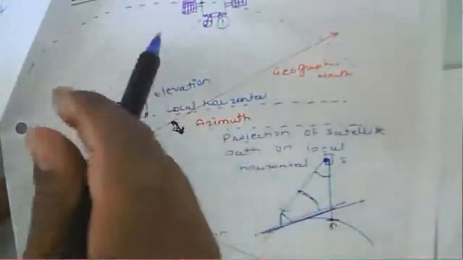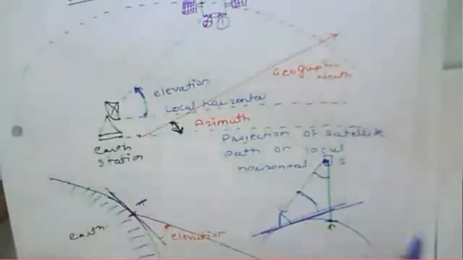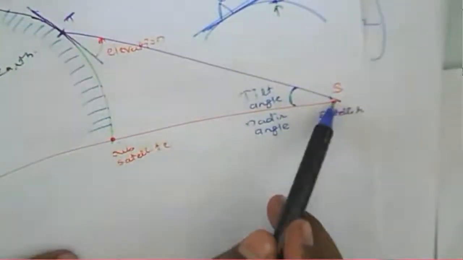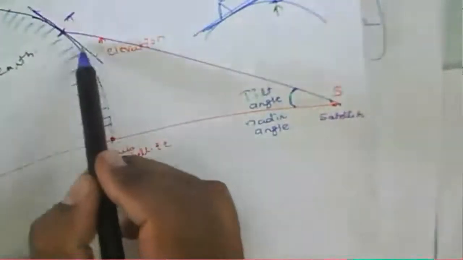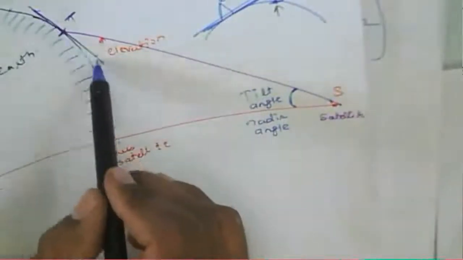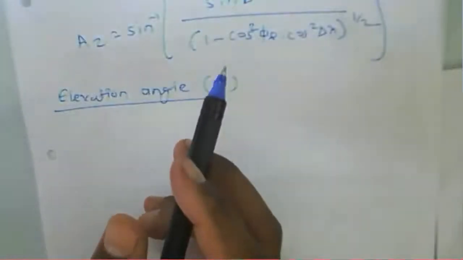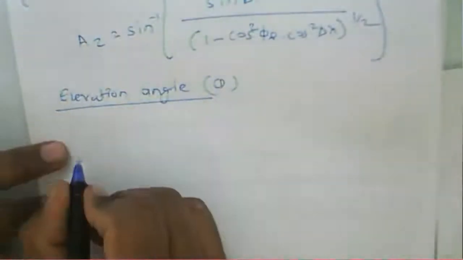Okay, that is about the angle of elevation. Or you can say that this one is the satellite point, and this is the local horizontal. This line joining, this is tangent here, so this particular angle is called the angle of elevation. That is theta here.